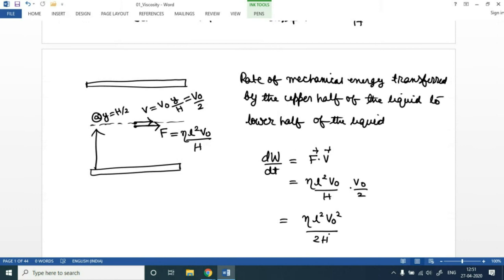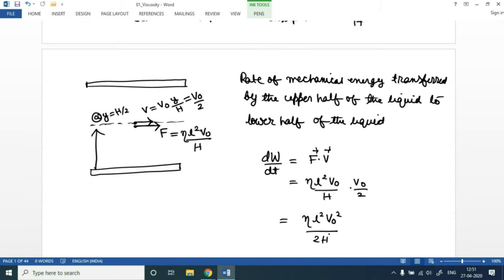So in this problem, the first thing I tried to say was that you can assume a linear velocity profile. Linear velocity profile simply means that the velocity gradient would be a constant term, or you can say velocity will be varying linearly with y. You can do that only when the layer of the liquid is thin.